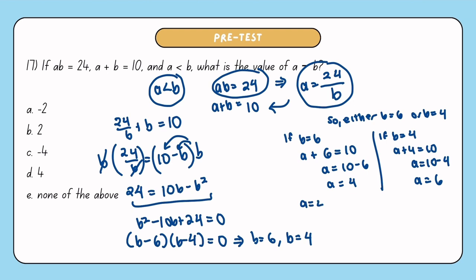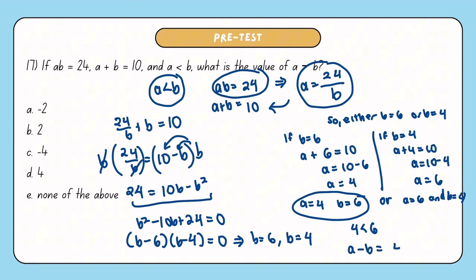A equals 4 and B equals 6, or A equals 6 and B equals 4. So, clear na sa atin na this is the answer because 4 is less than 6. So, A minus B is equal to 4 minus 6 equals negative 2. So, the answer for this item is A.